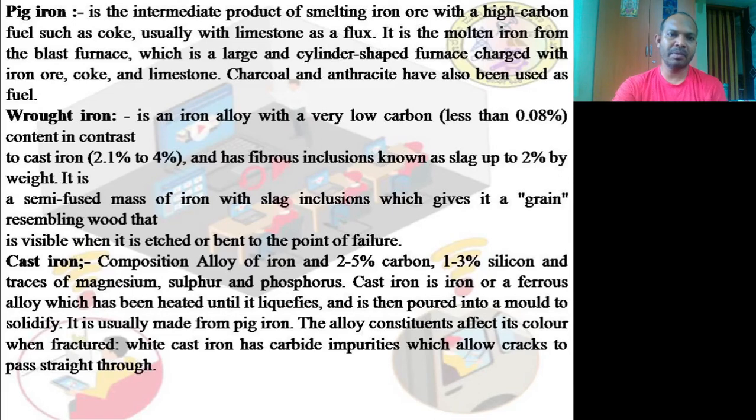Now let me go one by one. The ferrous metals. In the ferrous metals, the first one is pig iron. Why do we call it pig iron? It is only because it is interesting.